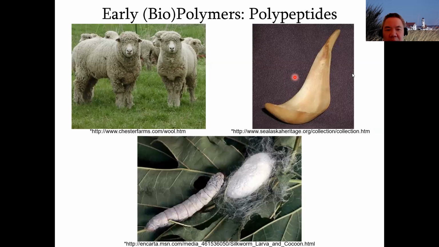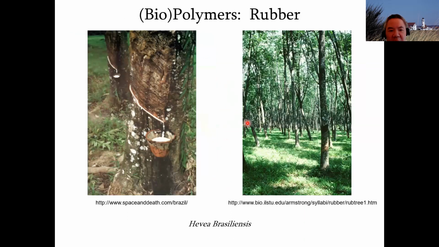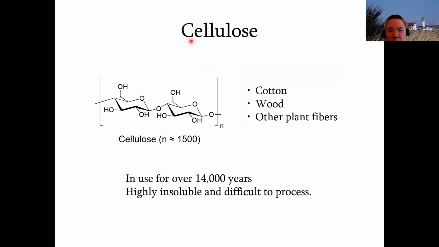We can go anywhere from wool, from polypeptides, from silk, etc. We can migrate over to things like resins and shellac, which was used as a coating for many of these statues and ceramics and so on and so forth, art forms that were developed in ancient times, moving on to rubber, which is isolated from trees, Hevea brasiliensis, and over to wood.